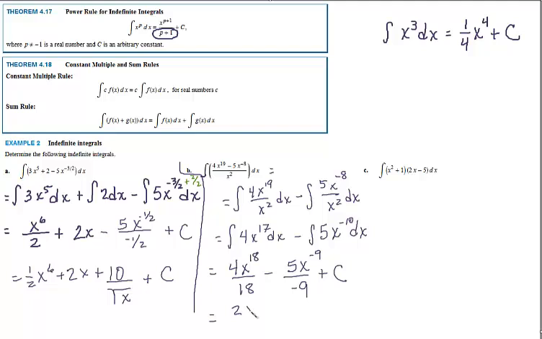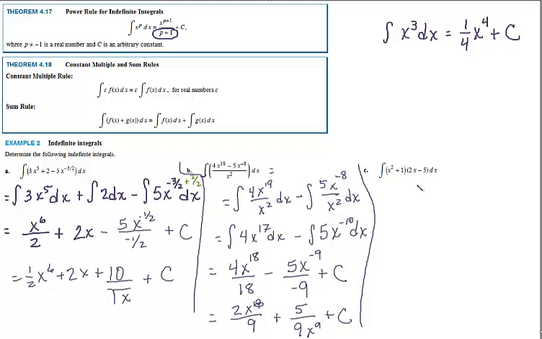And so this would be 2x to the 18 over 9 plus, and I'll just write this as 5 over 9x to the 9 plus c. Okay, I like that. Alright, next one.